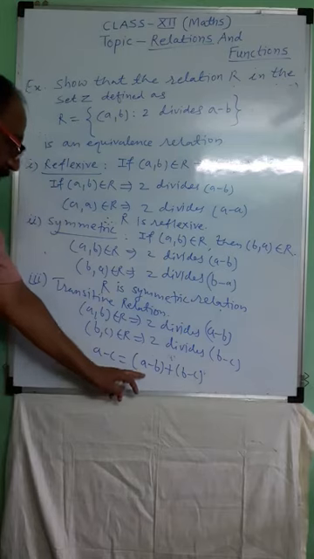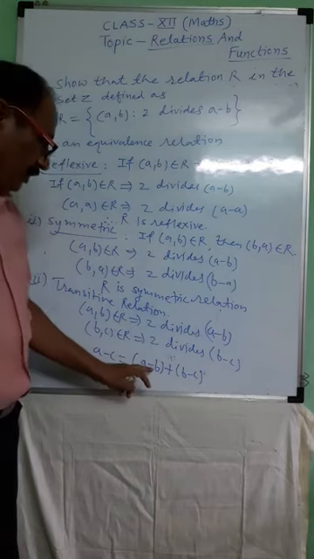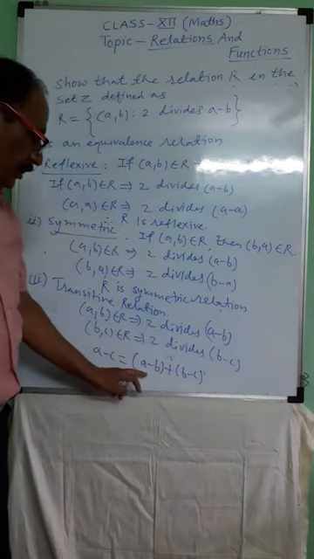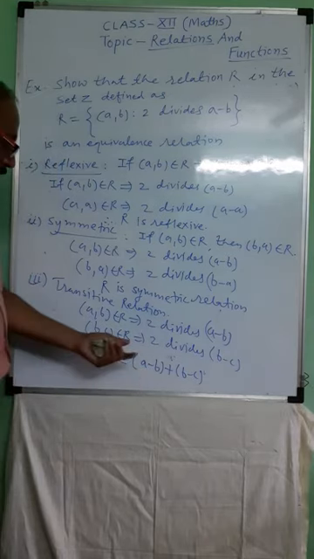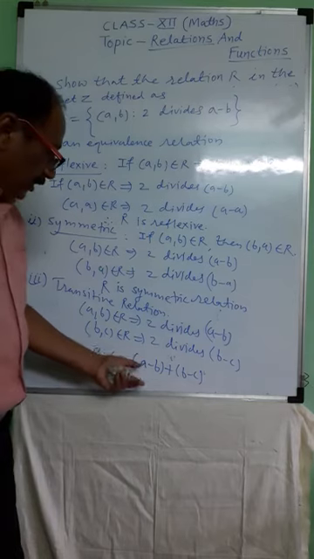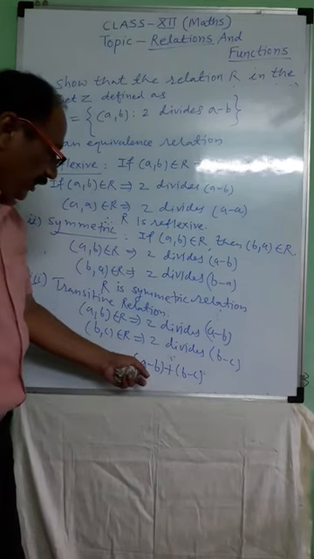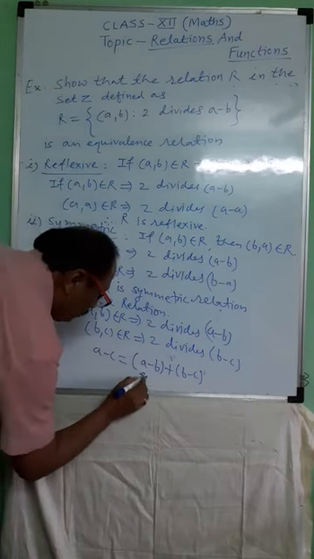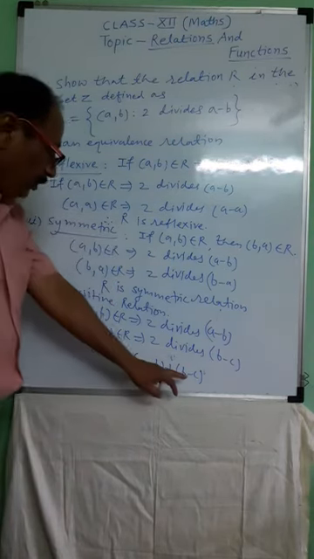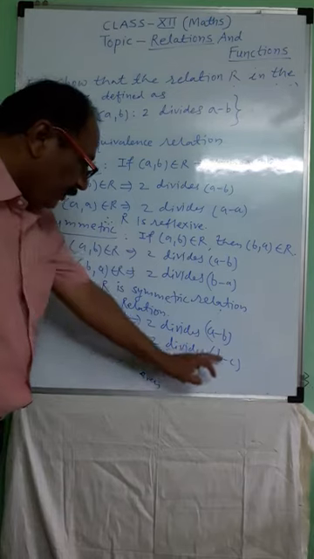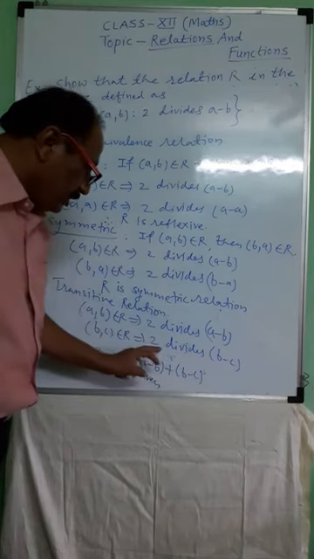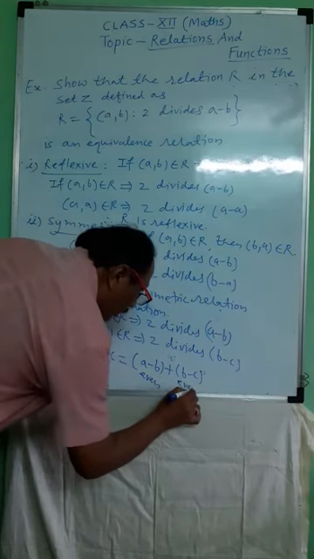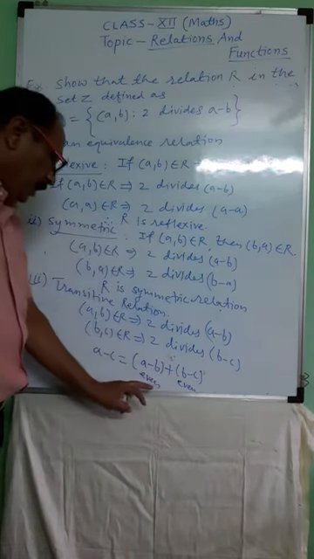What is a minus b? 2 divides a minus b, means a minus b is divisible by 2. The meaning of divisibility is that a minus b we can write as a multiple of 2, which means it is even. Here also, 2 divides b minus c, means b minus c is also even, a multiple of 2. Then even plus even gives an even number.